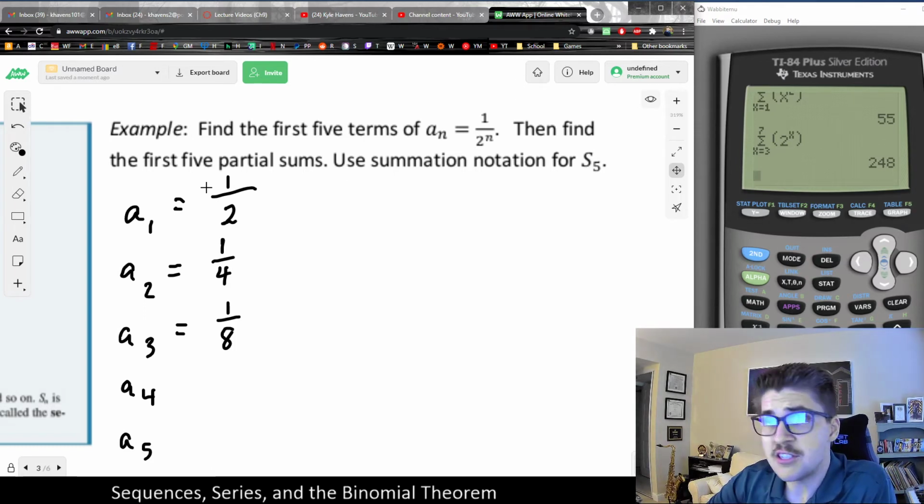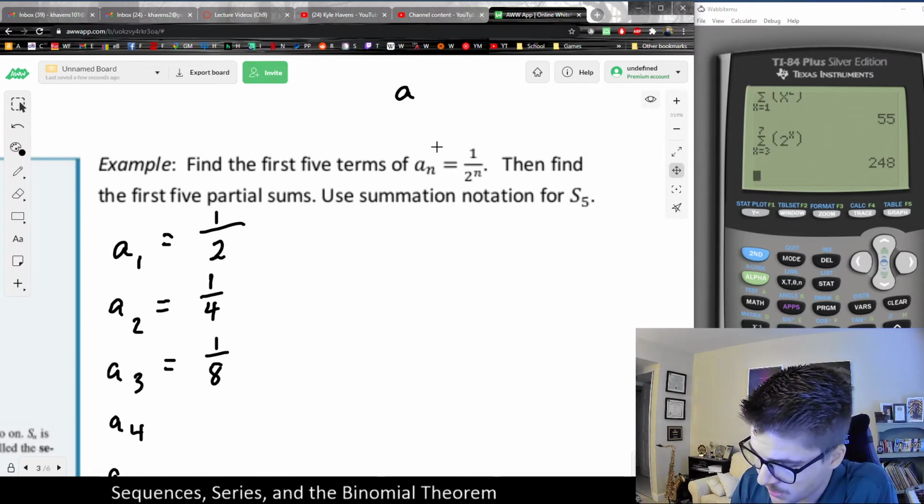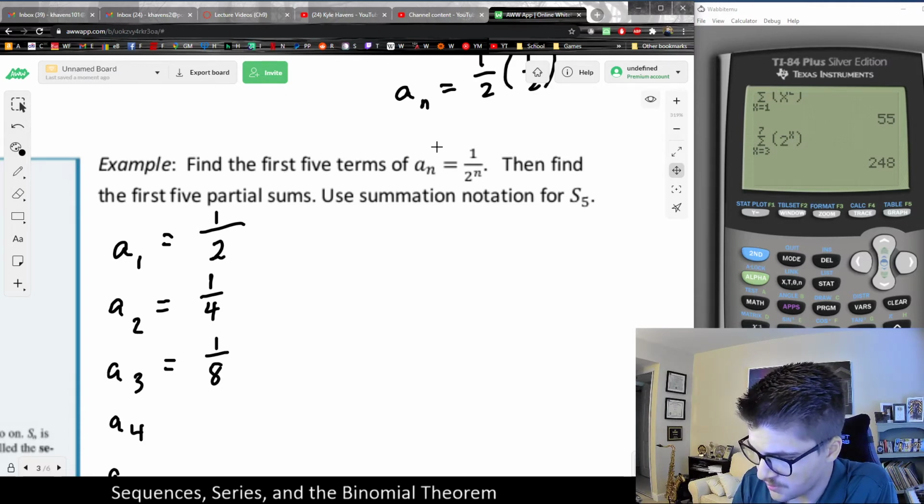Also notice that this is a geometric sequence because it is getting smaller by a factor of 1/2. I'm multiplying by 1/2 each time; it's being cut in half. It's not written in the format of a generic geometric sequence, but if I translate this back using the formula, the first term is 1/2, and the common ratio is 1/2 to the n minus 1.